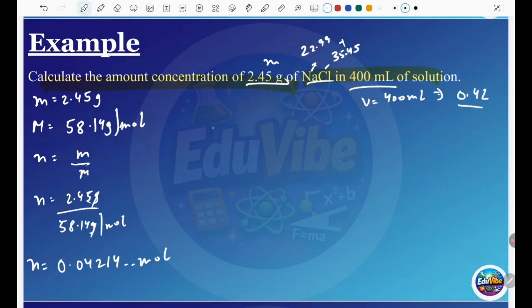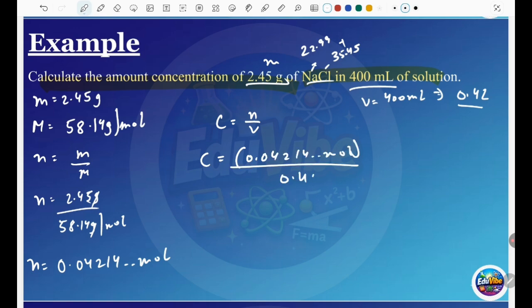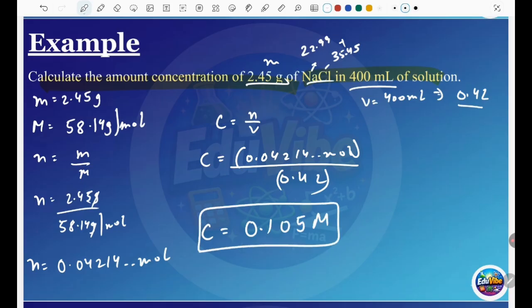So c is equal to n upon V, and you have 0.04192 moles and 0.4 liters. You can find the c from here, which is 0.105 big M, or moles per liter, and this is your concentration.